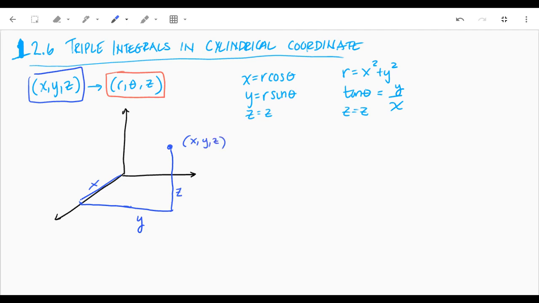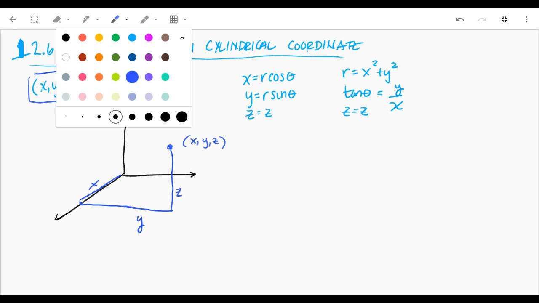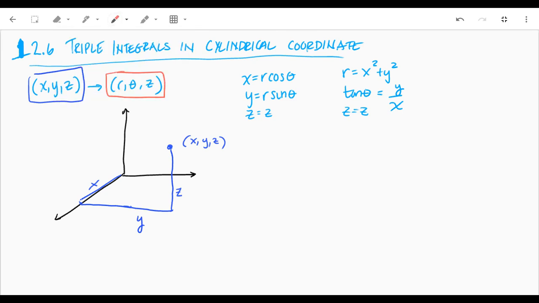and we would get to our point x, y, z. Now in cylindrical, we are going to have r and theta. For this same point, we measure this angle theta, and you can see how the tangent of theta would be y over x.